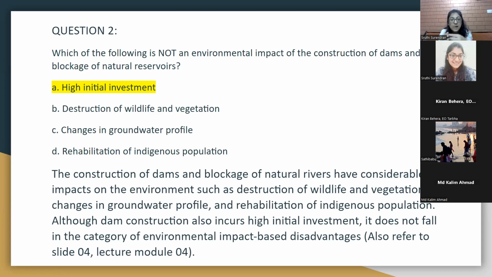It makes sense. Again, from your point of view also it makes sense. But then the most probable option here is high initial investment, which is clearly not an environmental impact. So it would be better to go for a very clear-cut option rather than an ambiguous option.